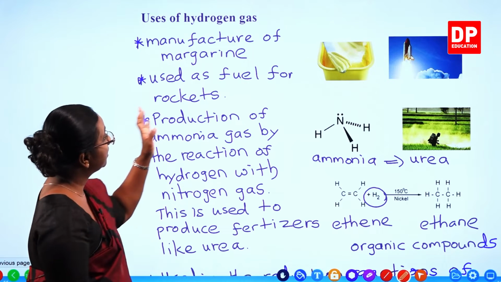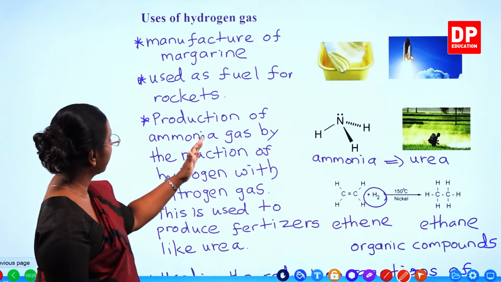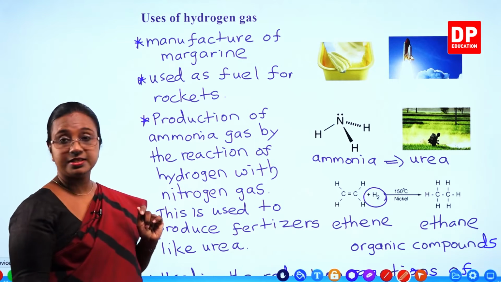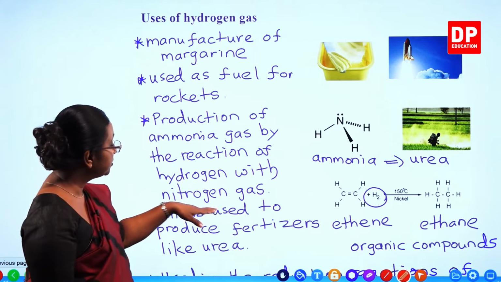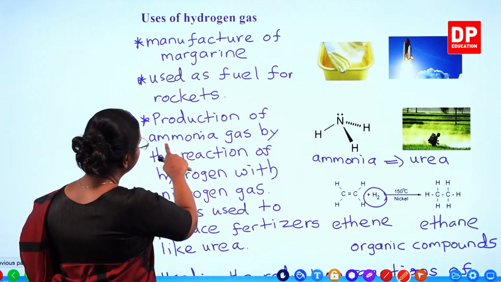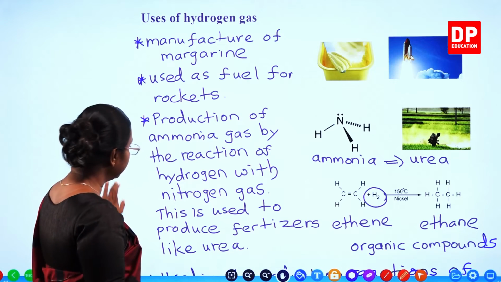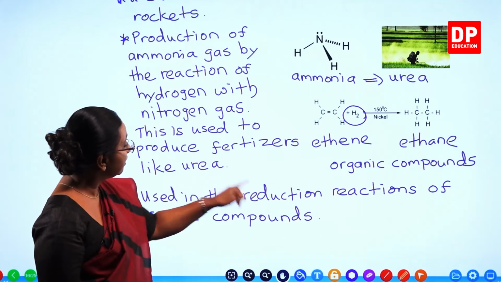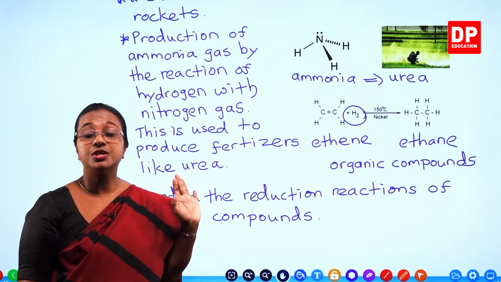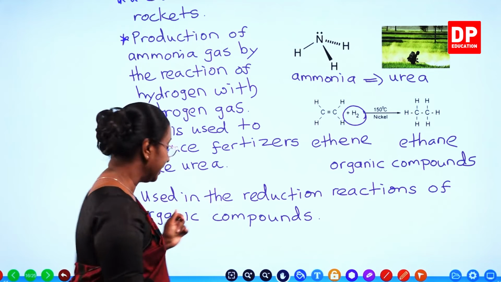So uses of hydrogen: manufacture of margarine, used as a fuel for rockets, then production of ammonia gas by the reaction of hydrogen with nitrogen gas, and also that is used to produce fertilizers like urea. Here students, this is ammonia, AMMONIA, ammonia gas. Then it is used in the reduction reactions of organic compounds. So those are the uses of hydrogen gas. With that students, I will move on to the next slide.